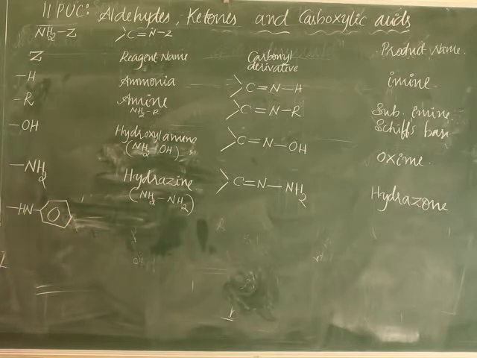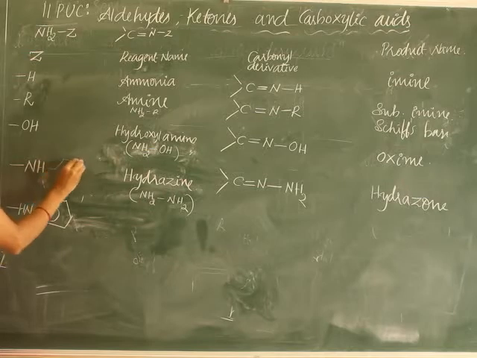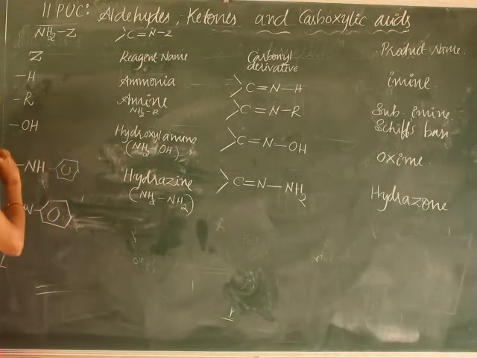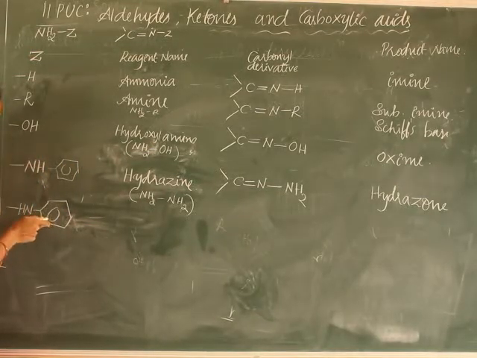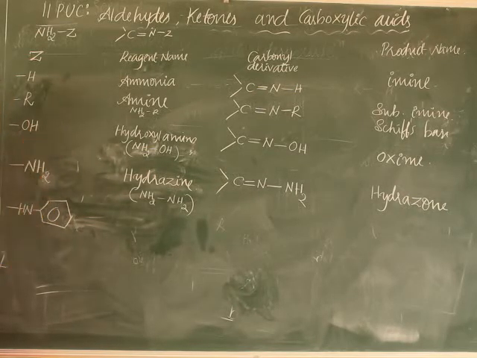Next is, if we replace one hydrogen of hydrazine, NH2, by a benzene ring, like this, it results in the formation of this compound. Clear? Okay. This is called phenylhydrazine.